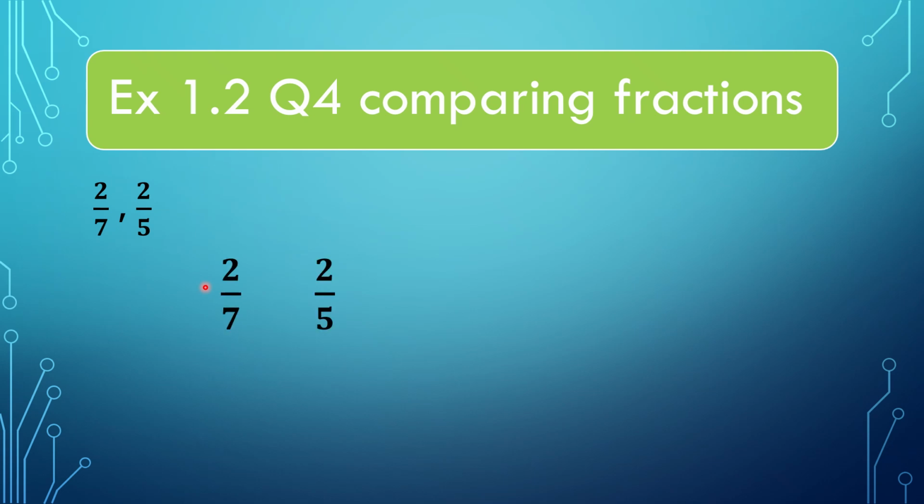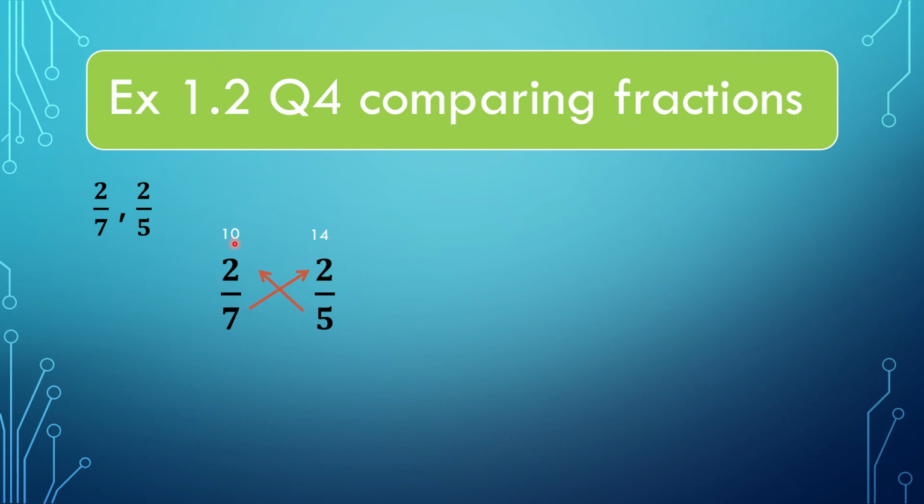Let's prove it with the help of this example, 2 by 7 and 2 by 5. We take these two fractions and compare them with the cross multiplication method. When we multiply 7 by 2, we get 14, and when we multiply 5 by 2, we get 10. Now look at the values we get: 5 into 2 is 10 and 7 into 2 is 14.